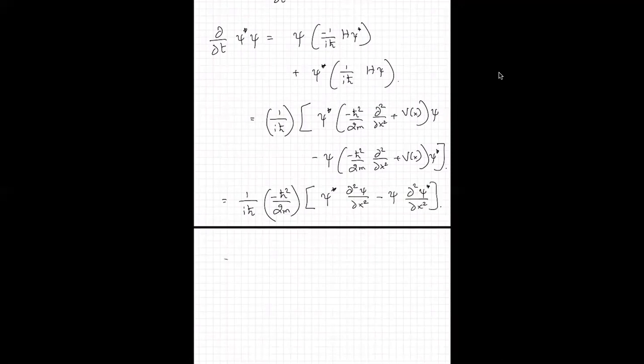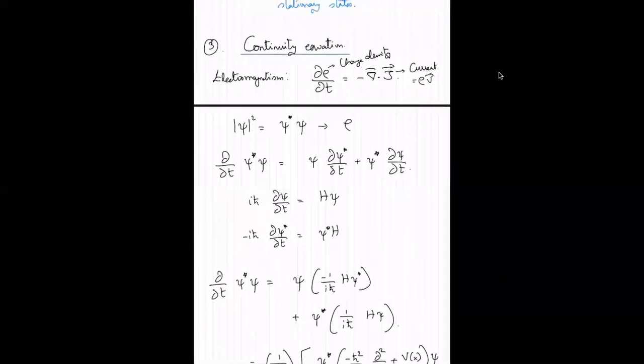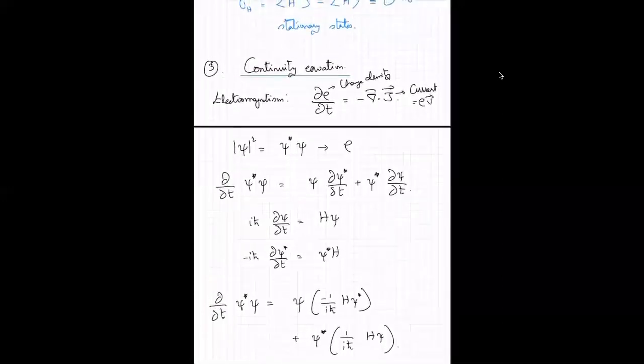Okay, and this is equal to minus h bar over 2mi times psi star d squared psi dx squared minus psi d squared psi star dx squared. And I can write this quantity, interestingly enough, as, remember that if I want to set up a continuity equation, I need a derivative of some vectorial quantity on the right hand side.